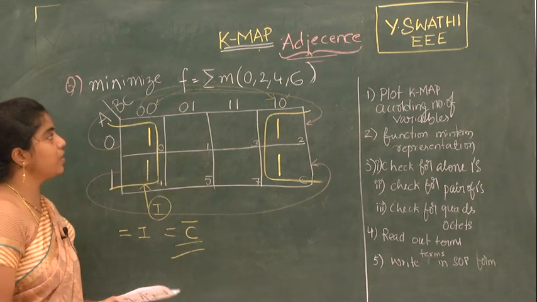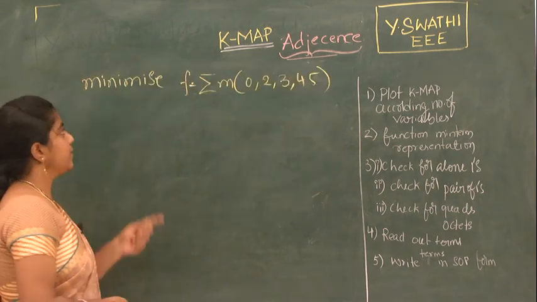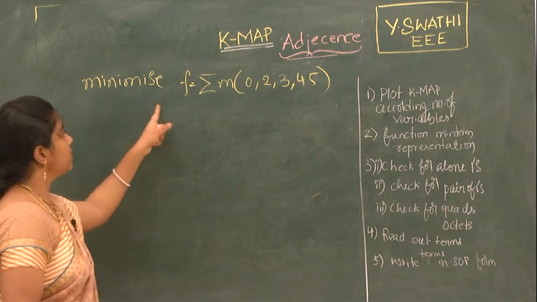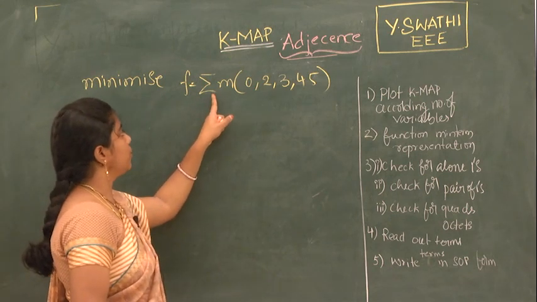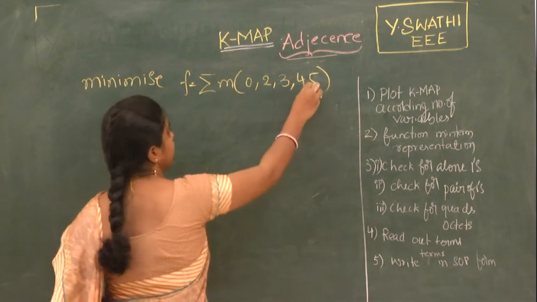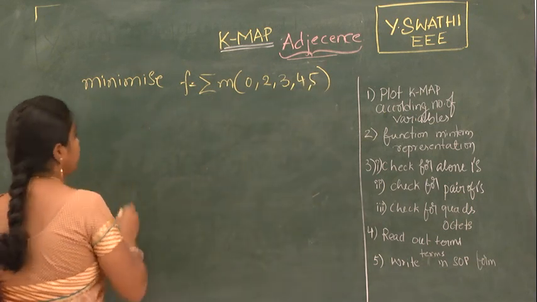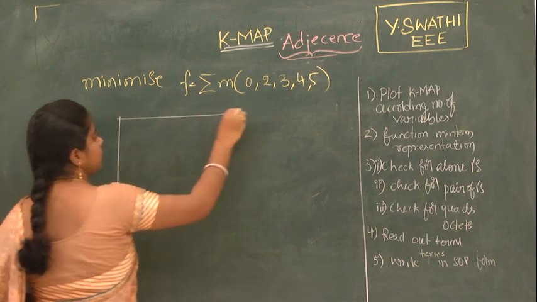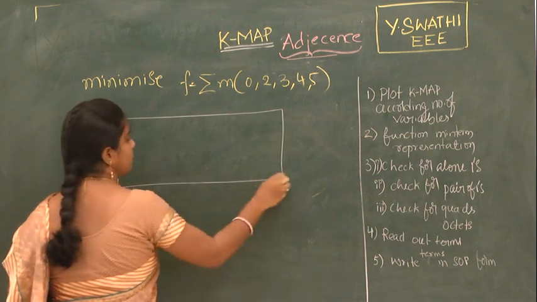Now we'll move on to the next example. The next example is to minimize f, which is a sum of minterms 0, 2, 3, 4, 5. So this is a 3-variable K-map.